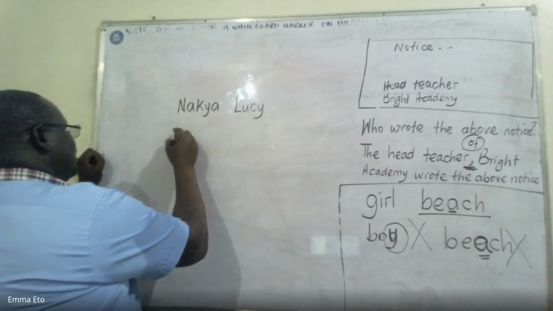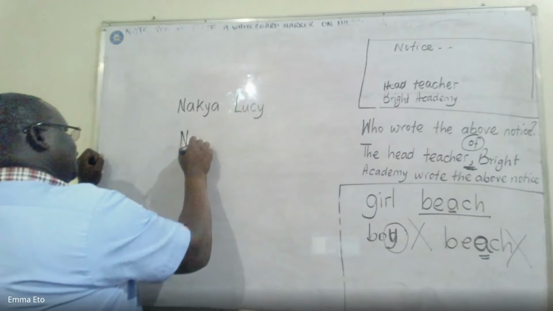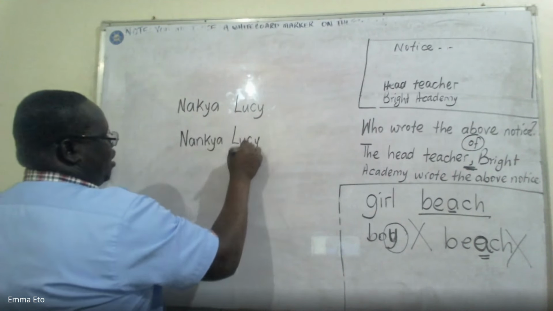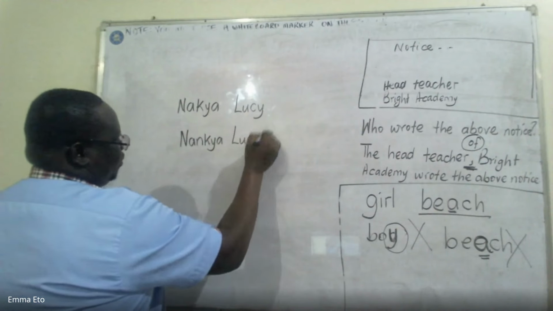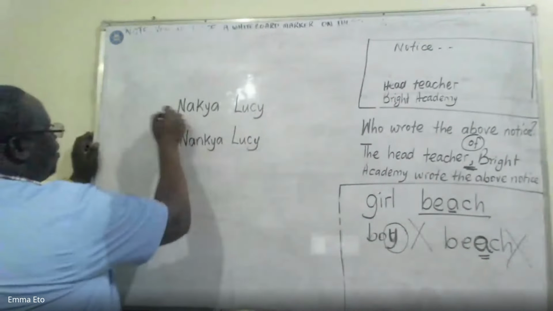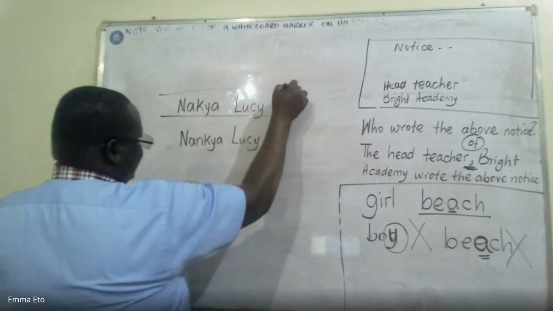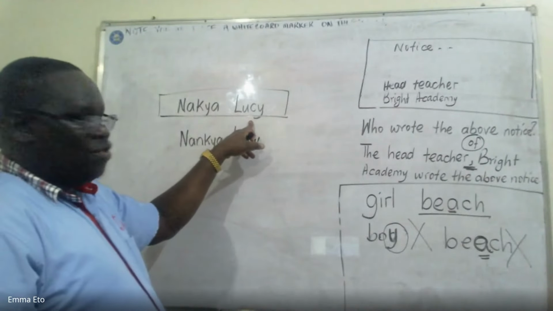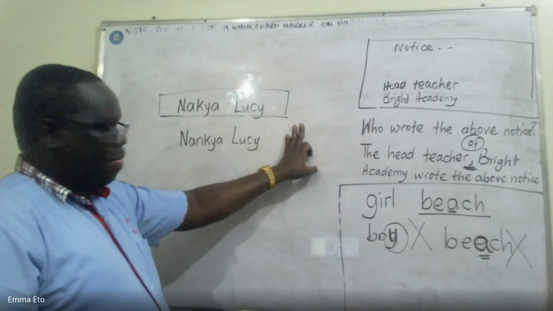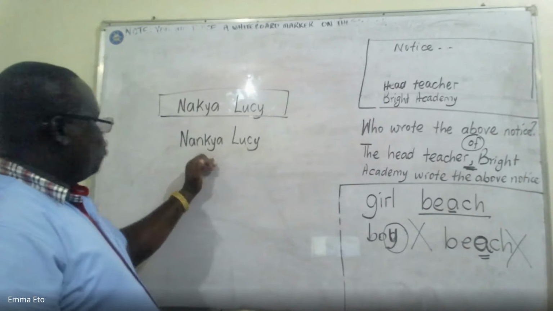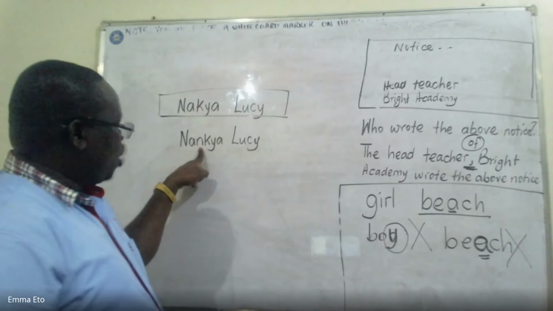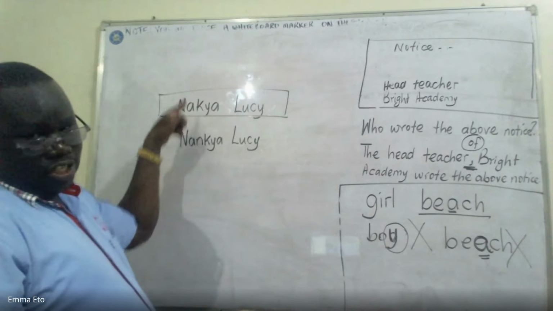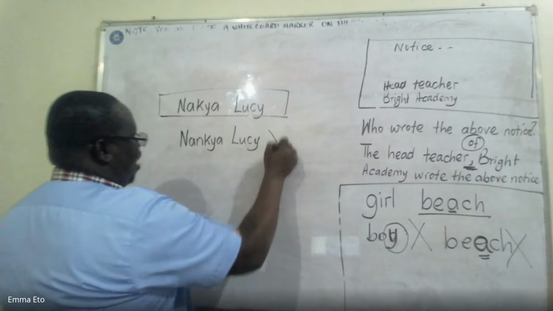There is a name called Nacha. In the question, we call it the rubric. In the table, there was a name called Nacha Lucy. And you've seen it as the potential answer. In your writing, you are mistaken and you write Nancha. This is definitely different from Nacha. And this will give you a flat 0.